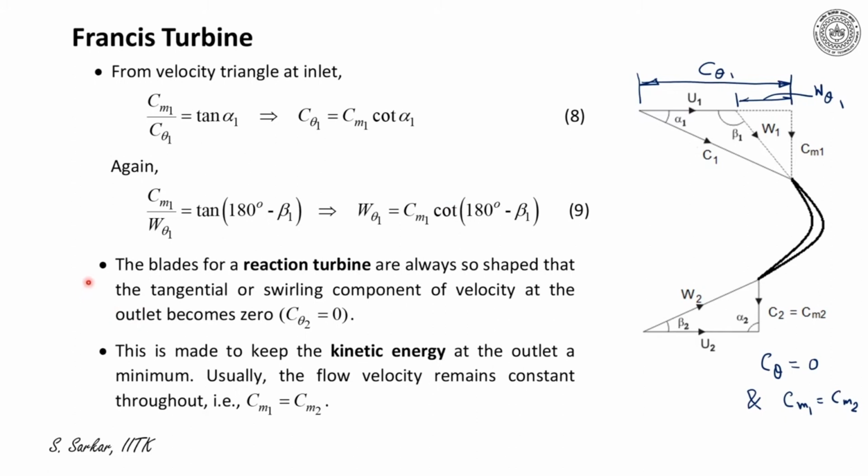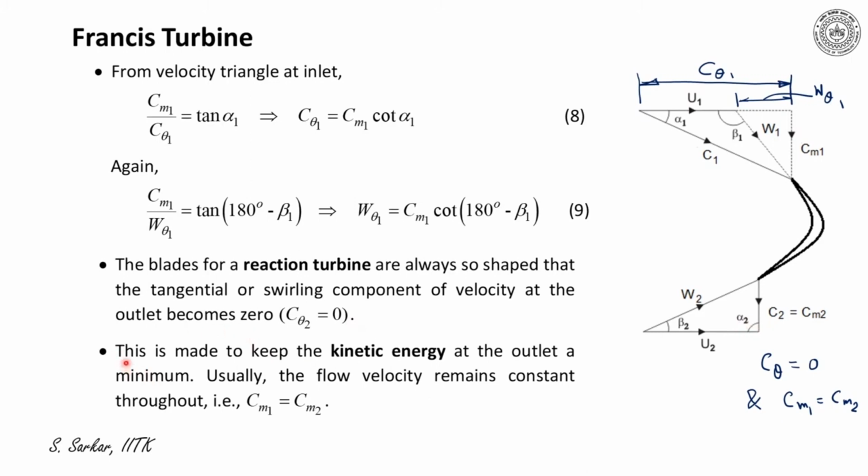Further, the blades of a Francis turbine are always so shaped that the tangential or swirling component of velocity at exit becomes 0, that is C theta 2 is equal to 0. In that case, C2 or alpha 2 would be equal to 90 degree.